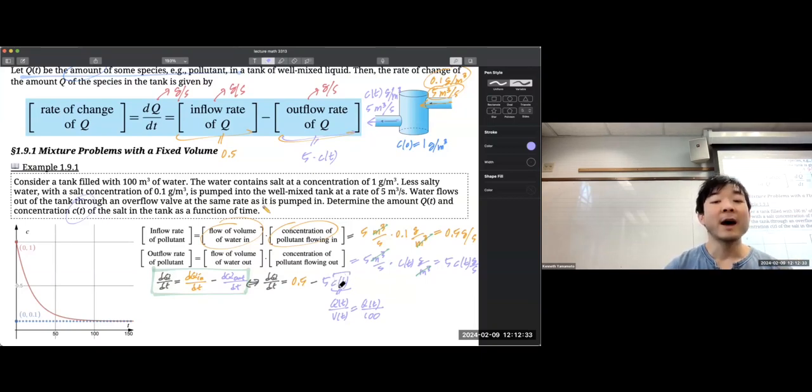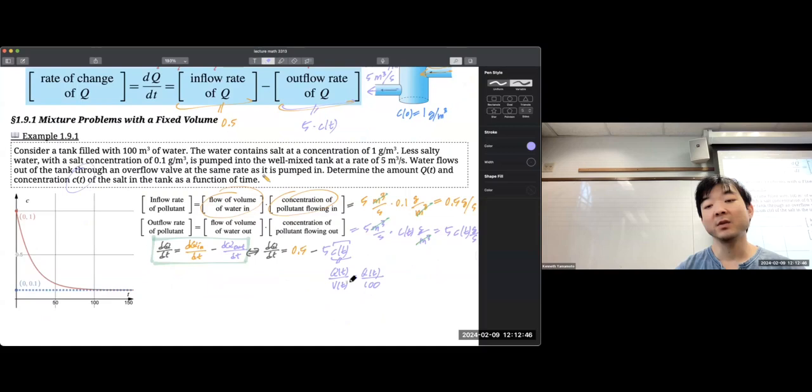That will allow us to write a differential equation in terms of one single unknown Q, rather than having C of T and Q of T both be unknowns. So the C of T really just means Q of T over 100 in our problem.